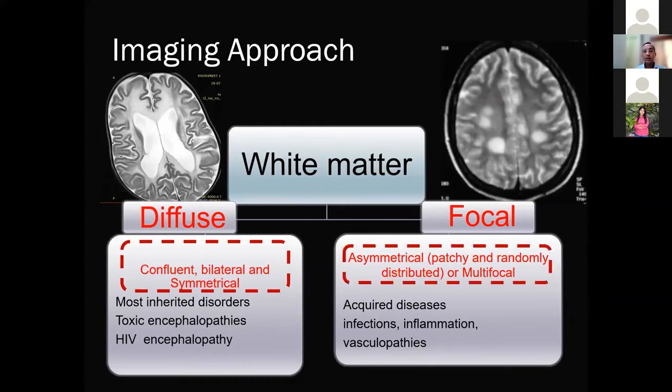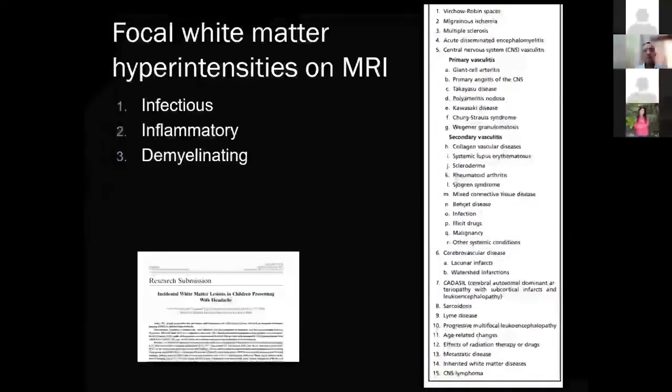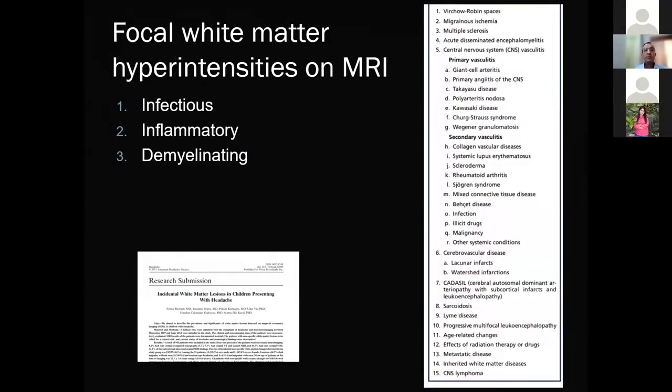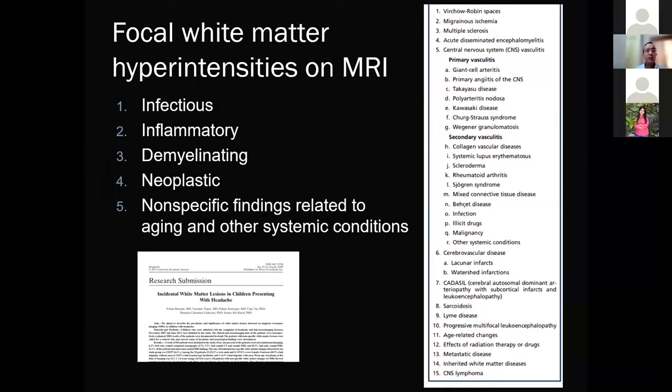In focal, look for whether they are patchy, randomly distributed, or multifocal. This type of pattern is seen in most of the acquired diseases which involve white matter: infections, inflammations, and the vasculopathies. There is a long differential diagnosis of the focal white matter hyperintensities on the MRI, the important being infectious, inflammatory, and demyelinating diseases.